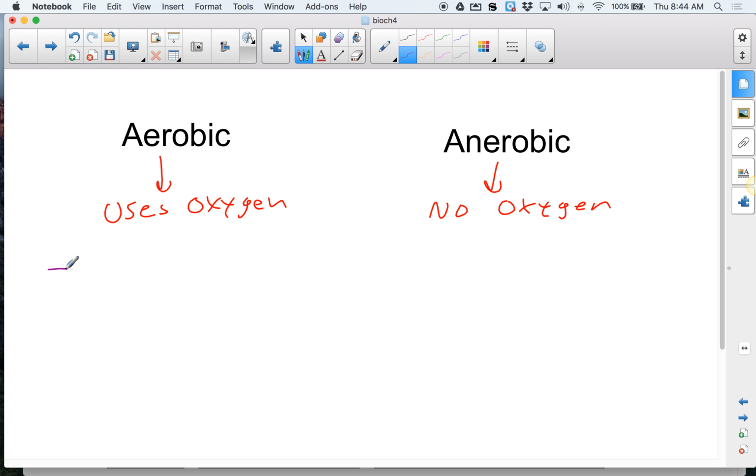Fermentation. Remember we talked about how our muscles can go through lactic acid fermentation when there's not enough oxygen present. So here we can write that fermentation is an example of anaerobic metabolism. Let's put metabolism here. Okay, our example of aerobic would be cellular respiration.